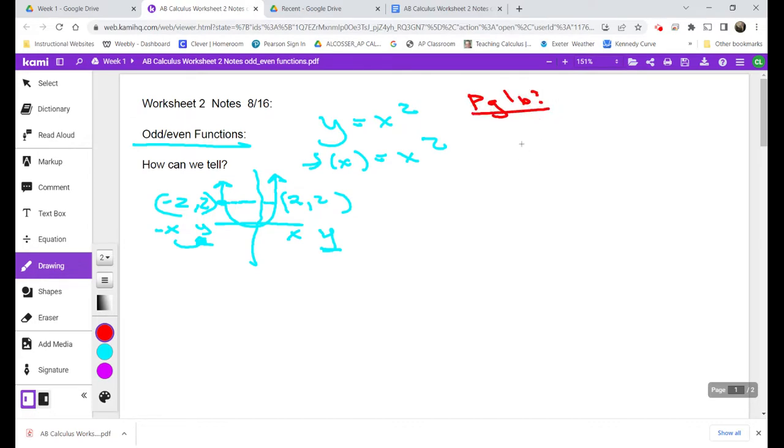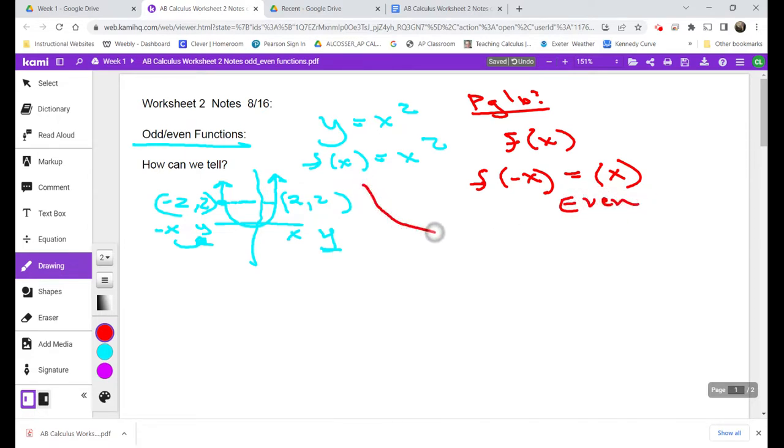The proof is this: if I have a function f of x, and I plug in f of negative x, and I get f of x back out, then it is even. So let me show you.